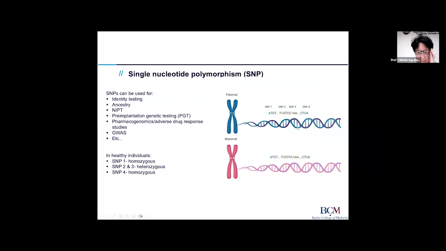SNP2 and 3, the father has a C and this is a G, this is a T and this is an A. So we call that heterozygous. And then at SNP4, again, it is A and A, so we call that homozygous. These are healthy individuals.